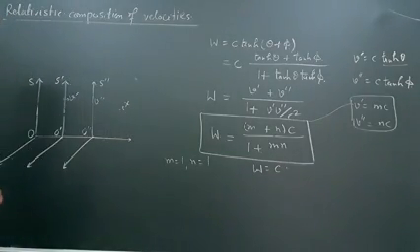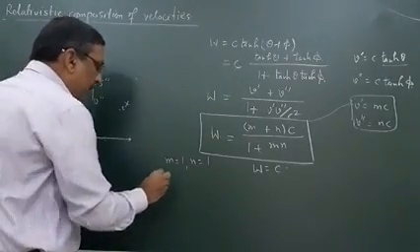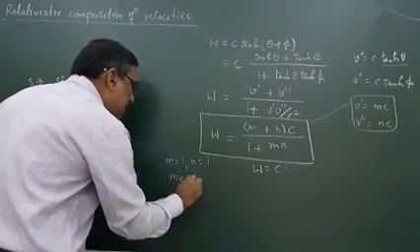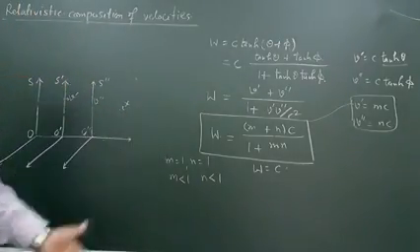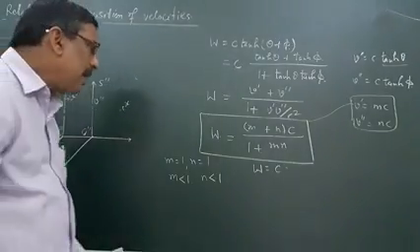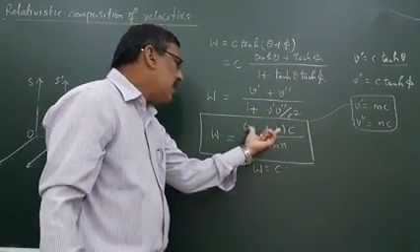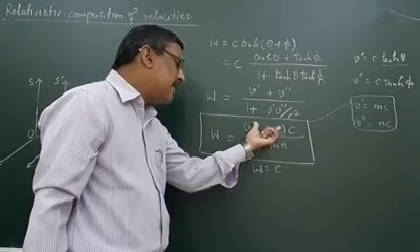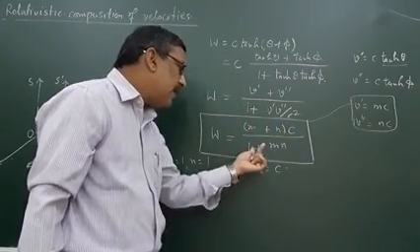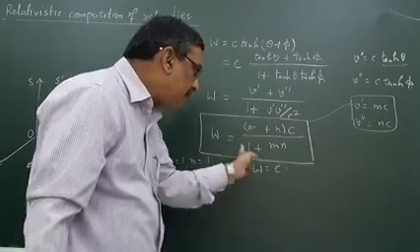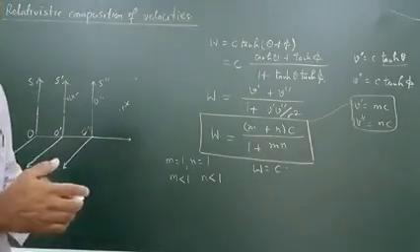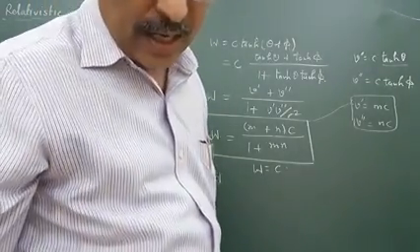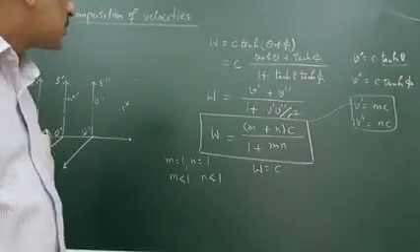Now, the different case. If m and n both are less than 1, what happens?